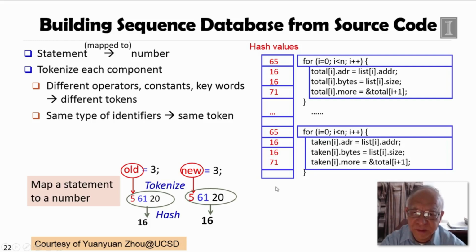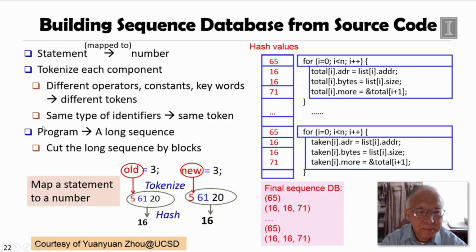They get the same sequence. Then a program is mapped to a long sequence. We can further cut the long sequence into blocks. For example, we can find that these fragments of the program are matched to sequences in the same block. You can see this as a mapping into a sequence database.